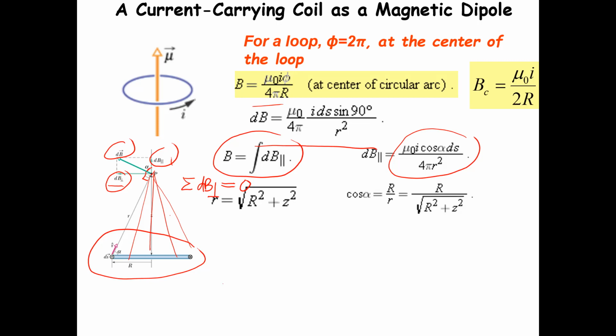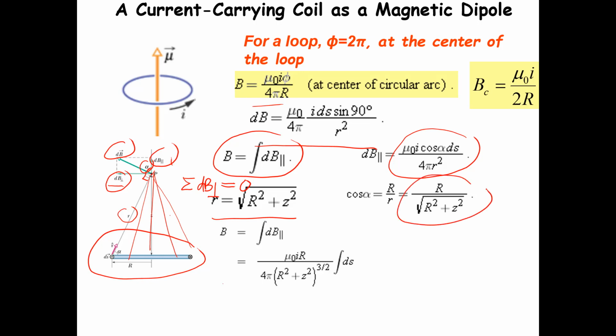The small r is equal to the square root of big R squared plus z squared, and cos alpha is big R per small r. So we can replace cos alpha using this equation, and the integral of dB in the y-axis becomes this.